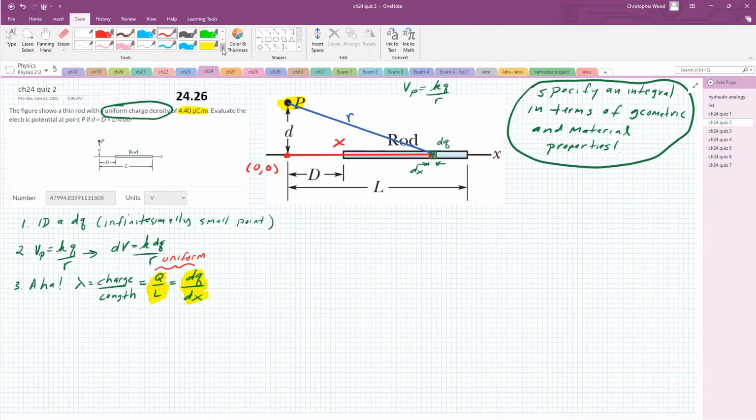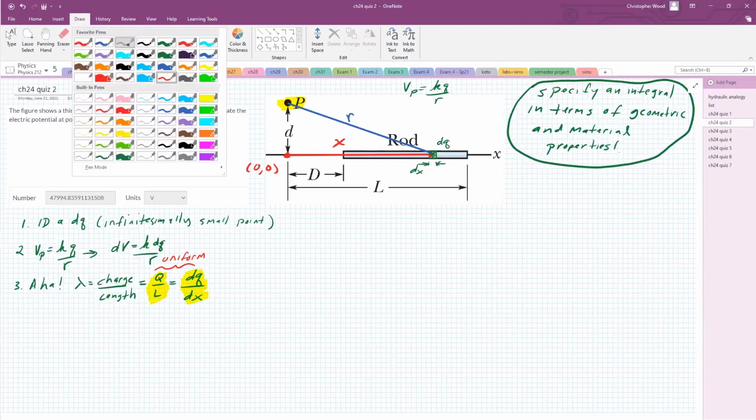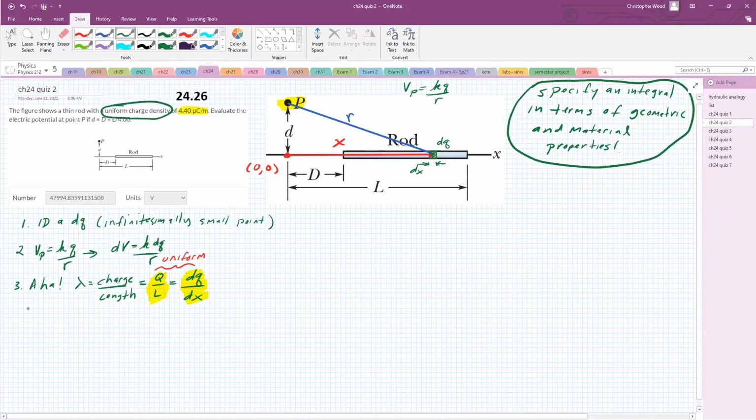All right, so I can then say, well, I'm going to just go ahead and express dq as lambda dx. What's my motivation to do this? Once again, I want to capture geometry and material properties. And you have both of those right here.